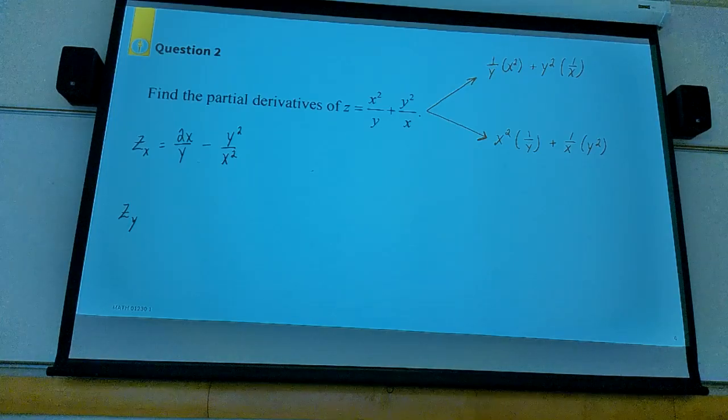Derivative of 1 over y. That gets multiplied by x squared. 1 over x is constant. Derivative of y squared. That gets multiplied by your 1 over x. There's your partial with respect to y.